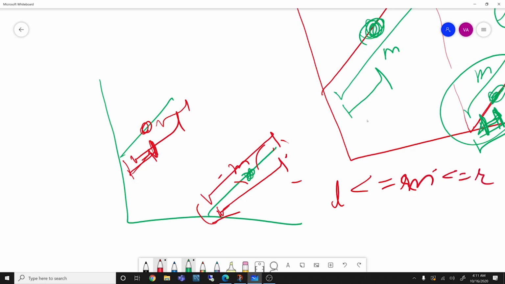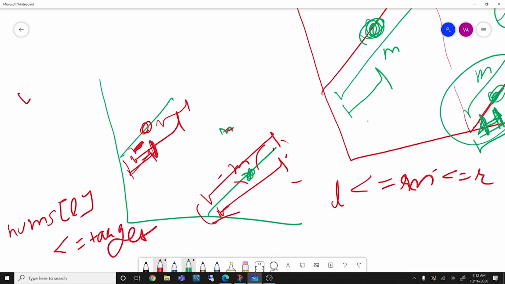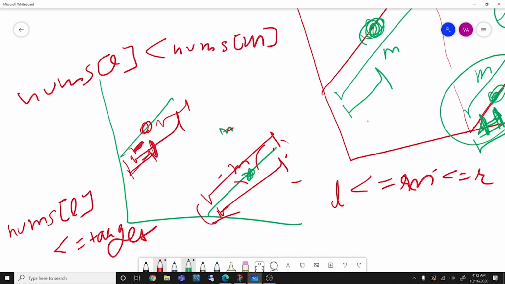Alright? And from this, can I say that if my target is lying somewhere in this value and also nums of L is less than equal to target, this means that nums of L is also less than nums of M. Right?